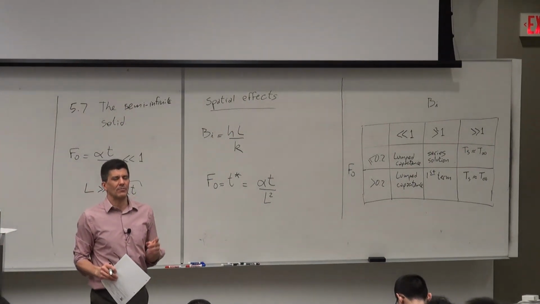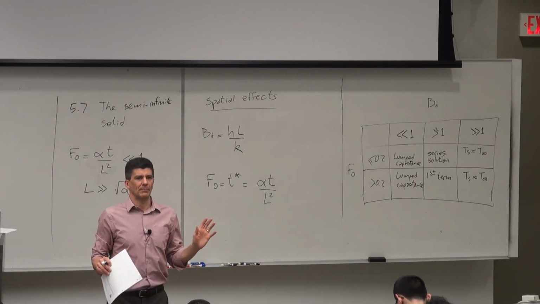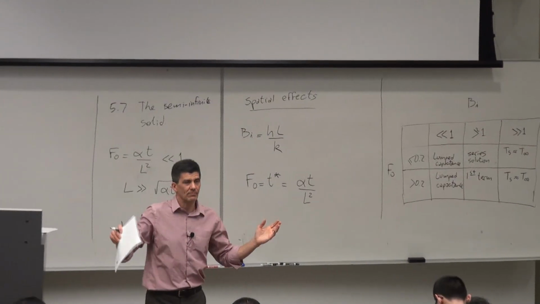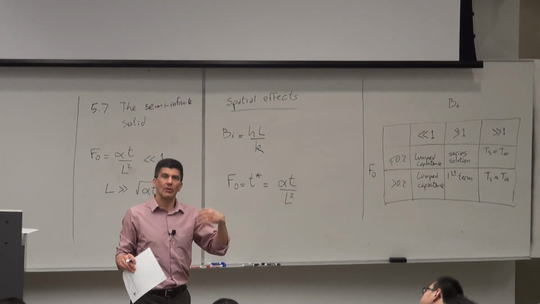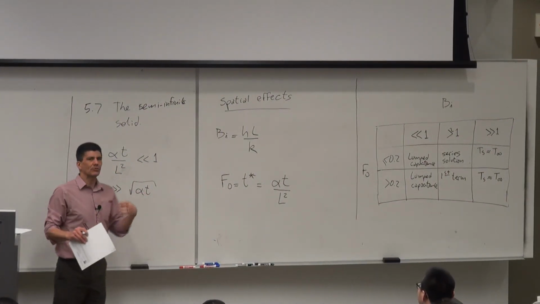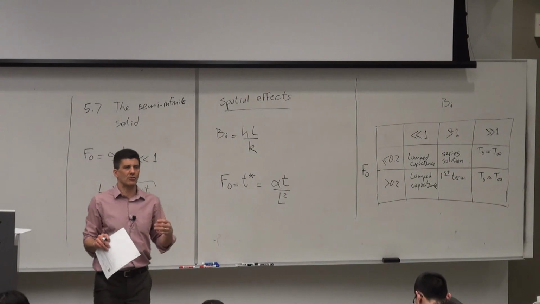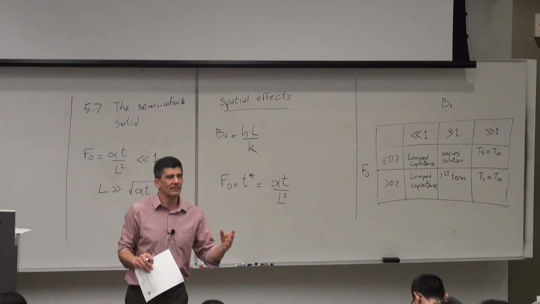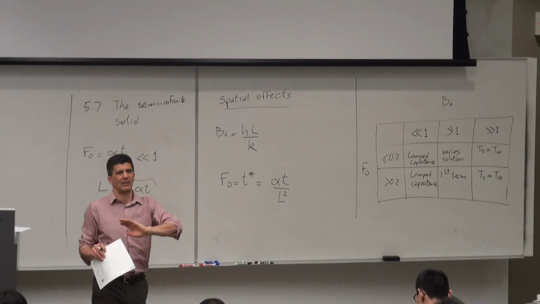So what am I saying here? Imagine we have a problem, a sphere, or a cylinder, or a plane wall, and I want to see heat transfer by conduction at some time. Can be 30 seconds, can be 1 minute, whatever you like, right?